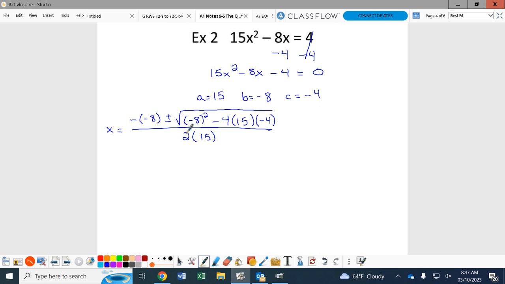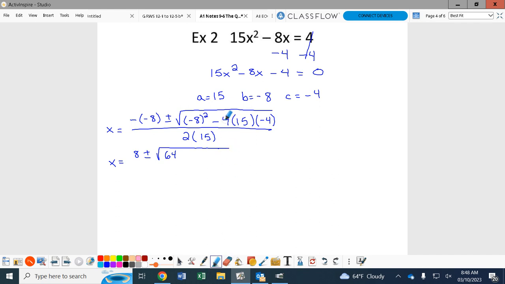Here we go. Okay, here we go. What's the opposite of negative 8? Just 8, guys. Just 8. Plus or minus the square root of. What is negative 8 squared? What's negative 8 times negative 8? 64. And then you'll have to use your calculator, multiply this stuff together.